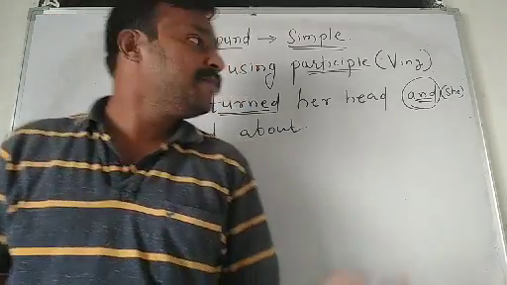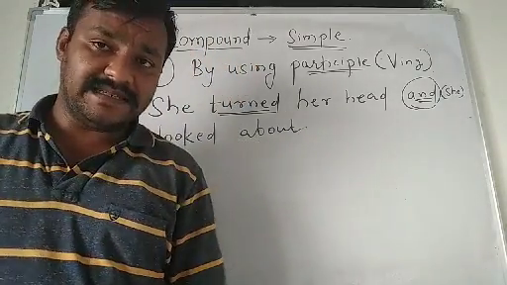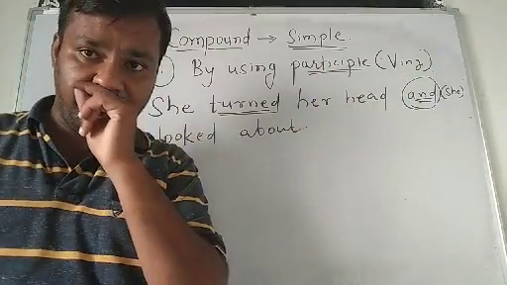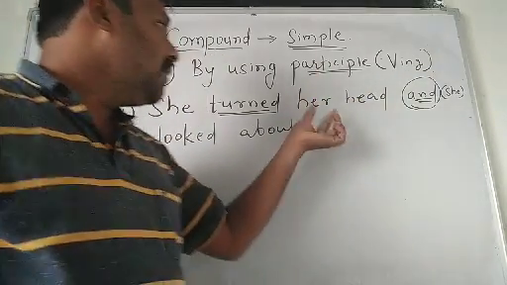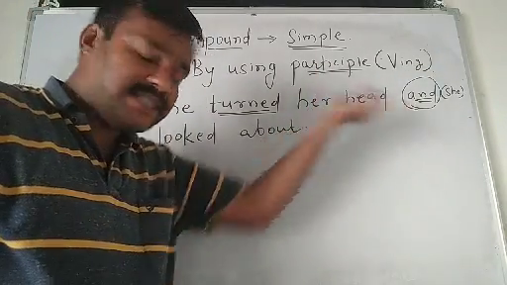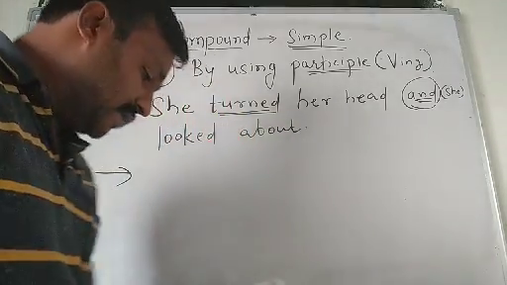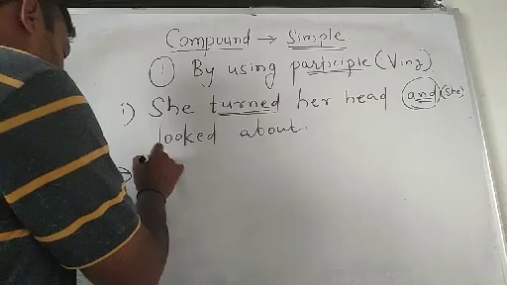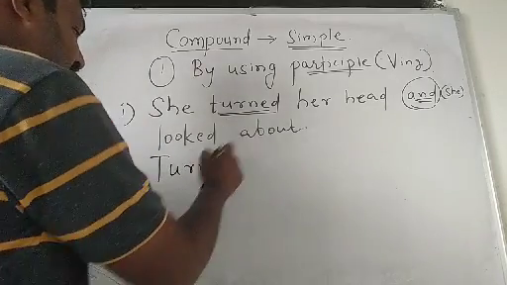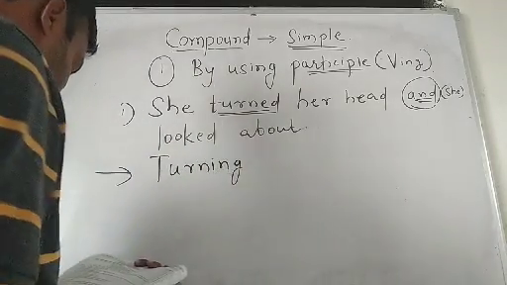First one is and, and second one is as well as. That time what do we have to use? The participle form of the verb. But which verb do we have to change into ing form? The one before that, meaning the first main clause. So our answer will be turning. Turn becomes turning her head.